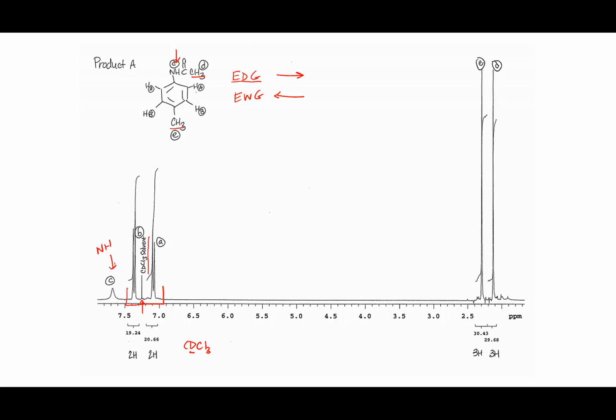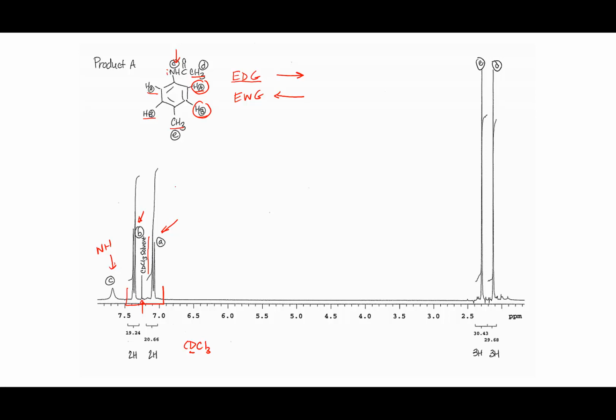So if I look at these hydrogens that are next to the nitrogen, and I look at these hydrogens that are next to the methyl group, in terms of priorities, the nitrogen is more electron donating, so therefore these peaks are the benzene ring protons, which I've labeled HA here, those two protons, and then HB next to the methyl group are these ones that I've labeled B. So you can go ahead and make that assignment.